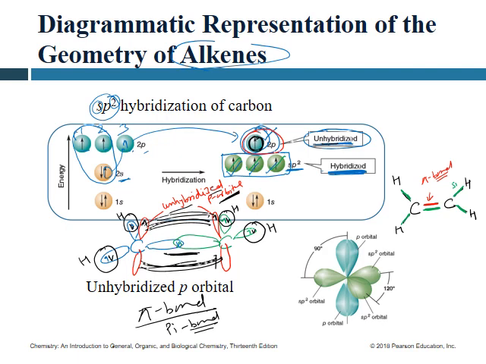Out of the 4 bonds that carbon has, this carbon has 1, 2, 3. 3 bonds are formed from the hybridized orbitals, which are sp2, and one of the bonds is formed by the overlapping of unhybridized p orbitals, right? So that is the pi bond. Because of this, in an alkene molecule, carbon has a double bond.